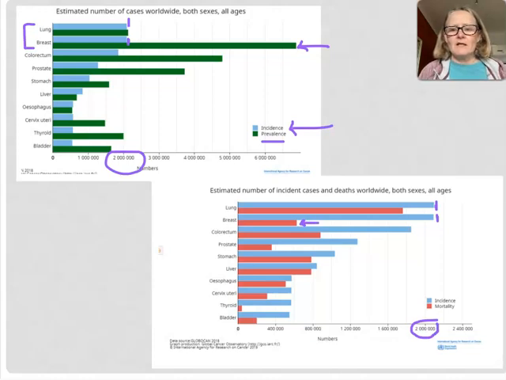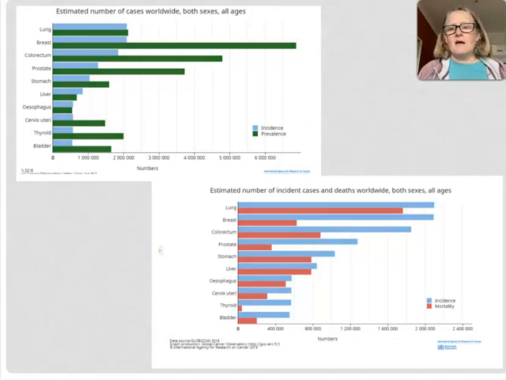Breast cancer's red line is really low, and lung cancer's red line is really high, and the red line is indicating mortality rate. So more people die each year from lung cancer than they do from breast cancer, and that is why there are more people alive with breast cancer than there are with lung cancer. So that's where those three words are really important, that you understand the difference and their interaction.